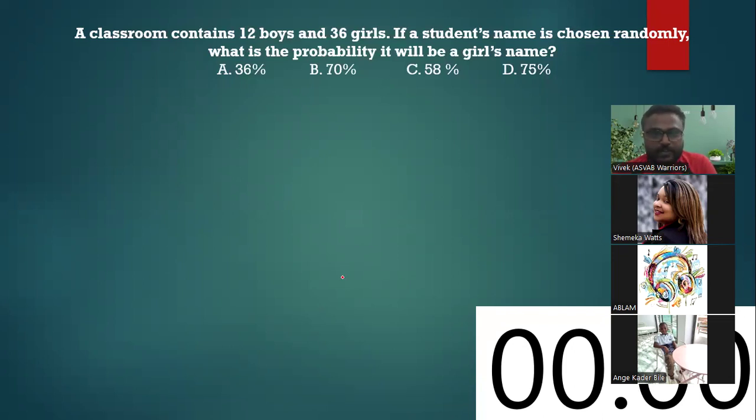Anyone wants me to explain this to you? Okay, Ablam also got it right. Okay, most of you got it right. Let's move on.